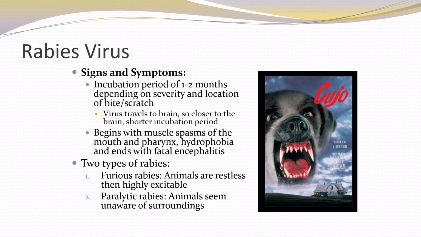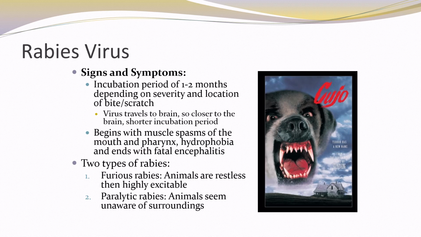Now, you've probably heard of the book or the movie Cujo. This is about a dog who contracts rabies and goes on a big old killing spree. Super fun, entertaining, if you like that kind of thing. If you don't, then don't watch it. But this is an example of one of the types of rabies that animals can get. That is furious rabies, where animals are restless and highly excitable, irritable.